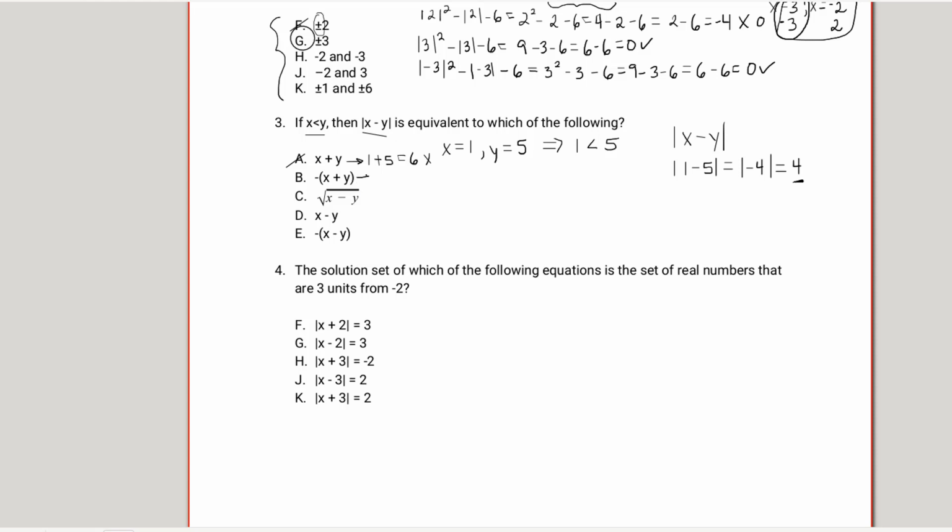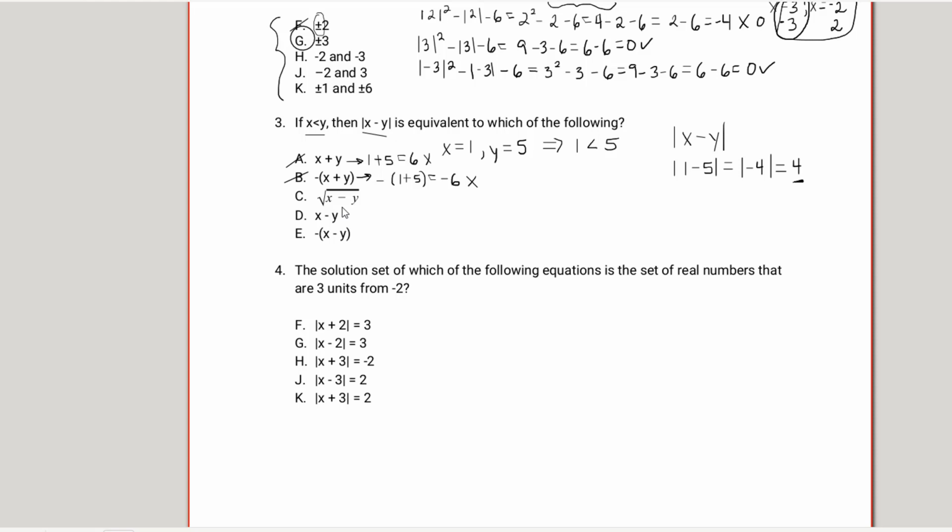Now let's try choice B. We have a negative of the 1 plus 5. That's -6. Well, that's still not 4, so B is out. For now, I'm going to skip option C because it has a square root in it. We can handle square roots, but most people aren't as comfortable working with them, so for now I'm going to skip it.